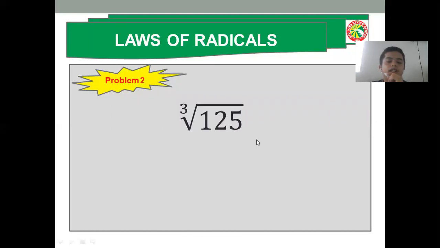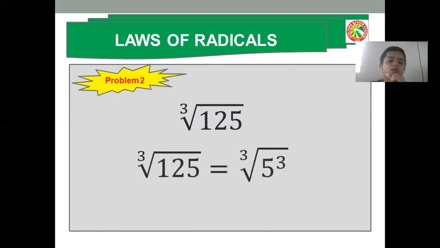Another example here, the cube root of 125. If you try to simplify 125, it can be written as 5 cubed. In the problems on the board exam, all you have to do is verify first if it involves numbers that can be written in exponential form. Like in this case, 125: if you are just looking at 125, there is no exponent here.